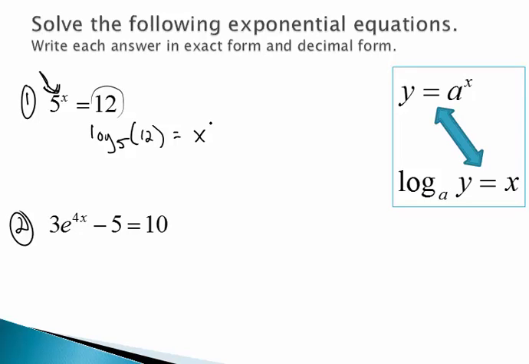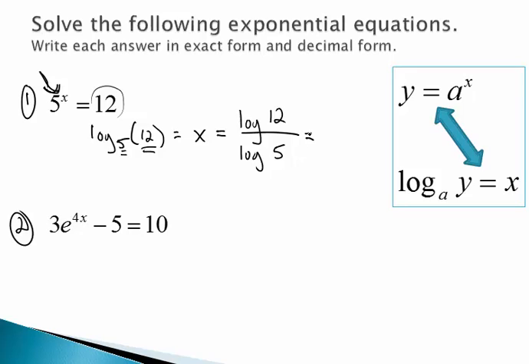If I ever want a decimal value for this, then I can use the change of base formula, which we've seen before. That's log 12 over log 5. I'm allowed to use any log base for change of base. This one goes on top, this one goes on bottom, and I'll use common log or natural log.